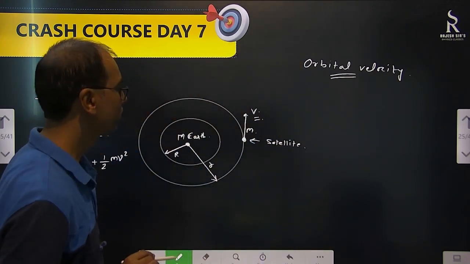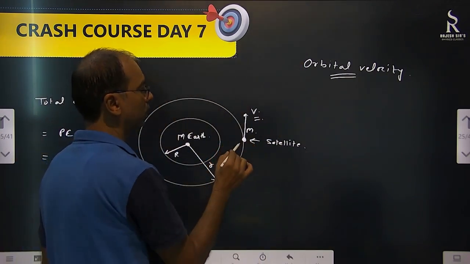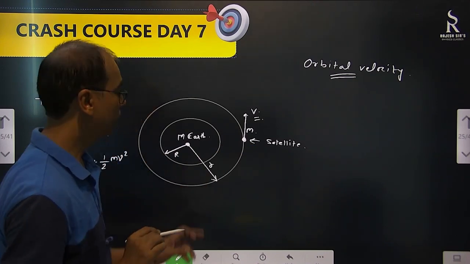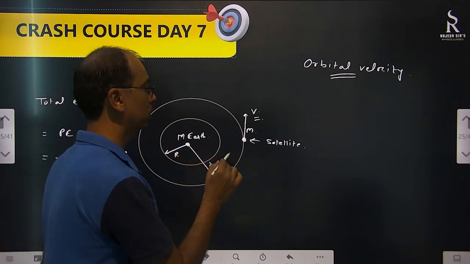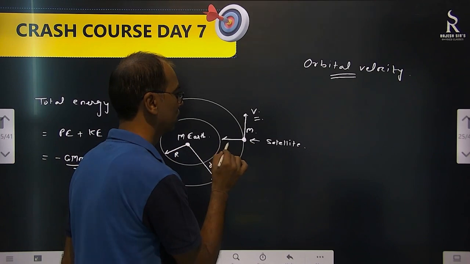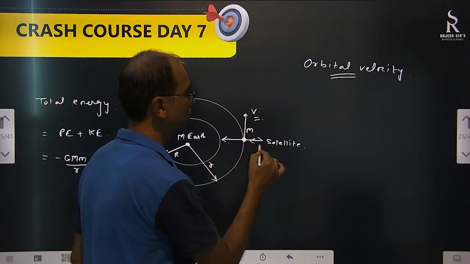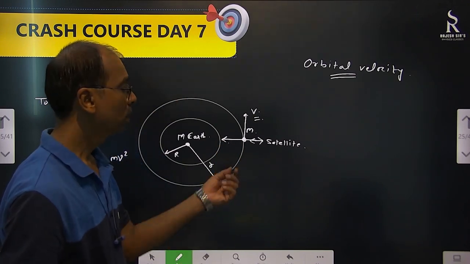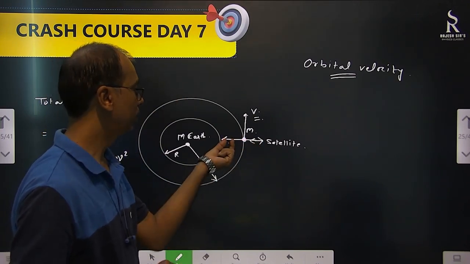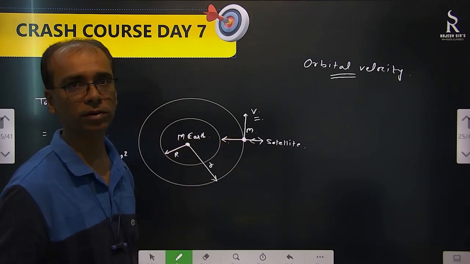Now what is orbital velocity? On this one, definitely there is a force required by earth. Okay, so an attraction force is there, and there is a centrifugal force also acting outward. So the centrifugal force is actually balanced by the attraction force of earth.